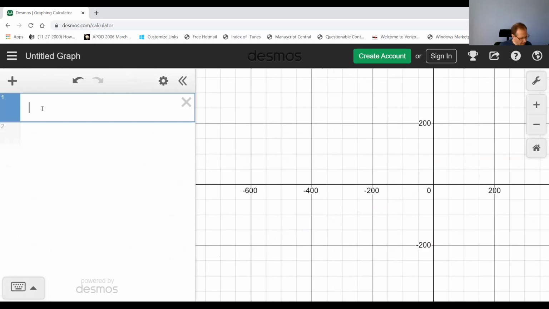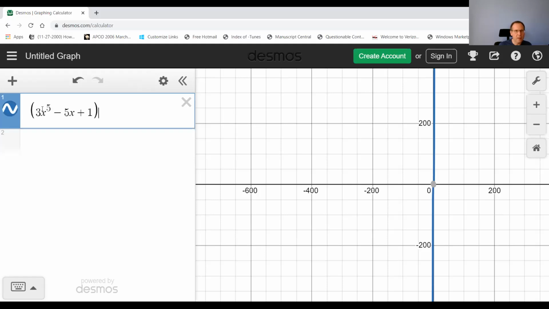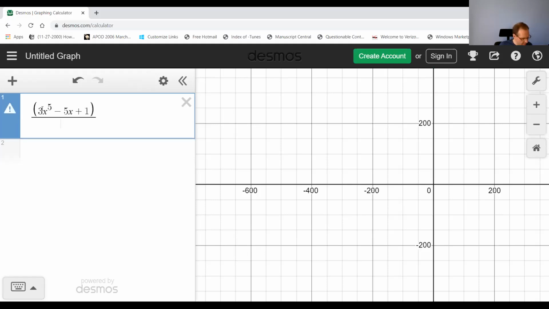Okay, and then for the second function, let's show that that also doesn't have a horizontal asymptote. That was 3x to the fifth minus 5x plus 1 divided by x plus 2.